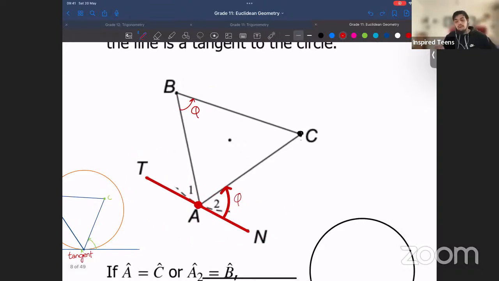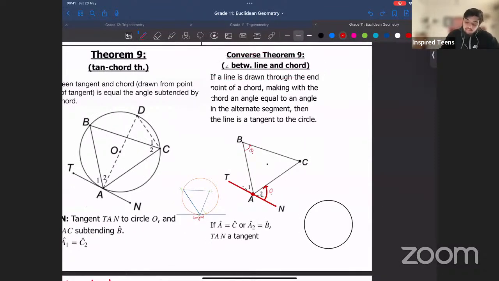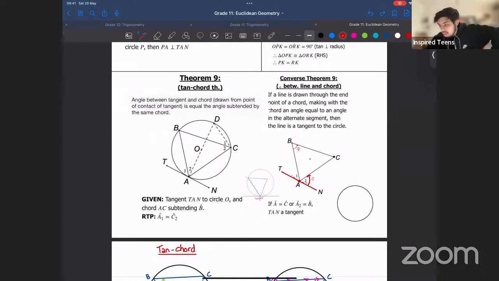So if you can prove them separately using different reasons, prove that they're equal, then you can say therefore TAN is a tangent to the circle passing through ABC. Reason: converse tan chord theorem.